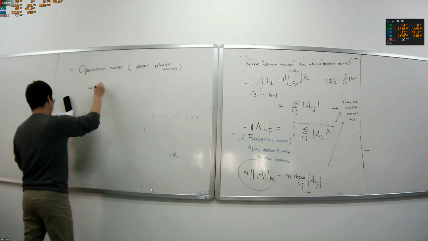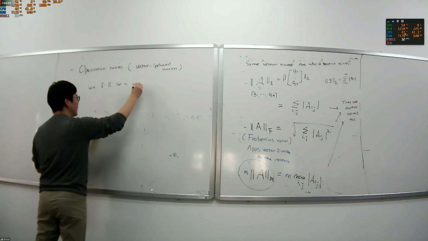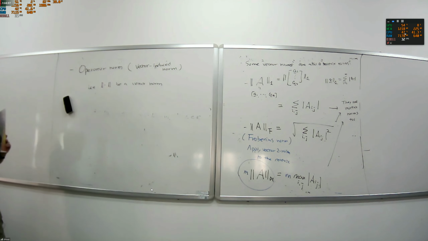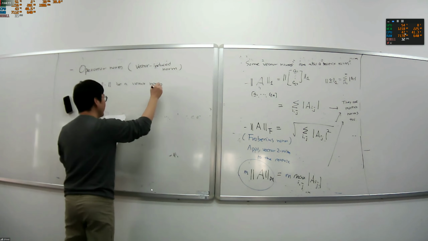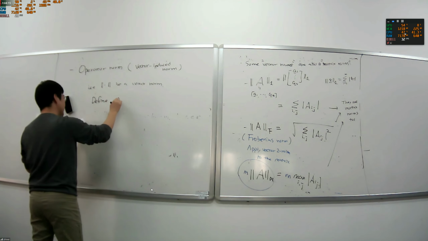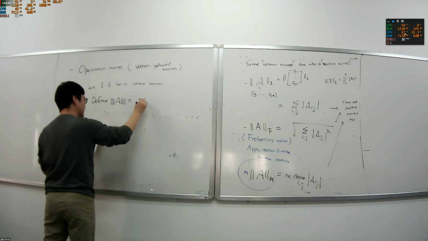And how is this induced? Let this be a vector norm, any vector norm. Then we define this matrix norm by considering this.